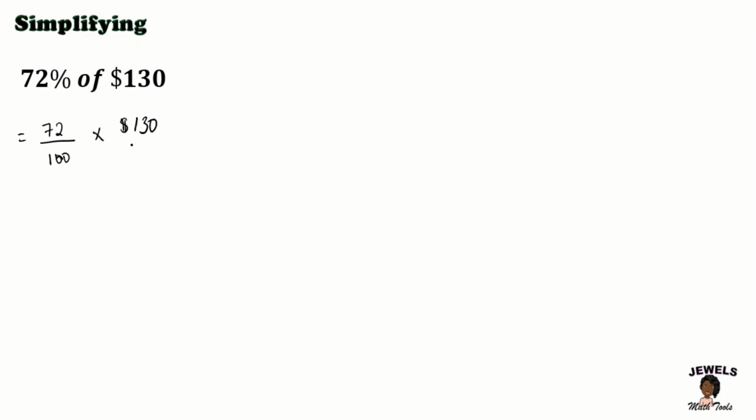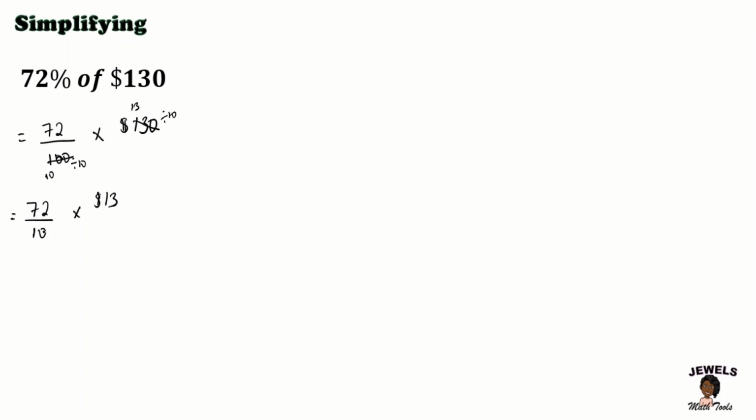So I'm going to begin by dividing 10 into both 100 and 130. 10 divides into 100 10 times, and 130 divided by 10 will equal 13. So we now have 72 tenths that is being multiplied to our $13.